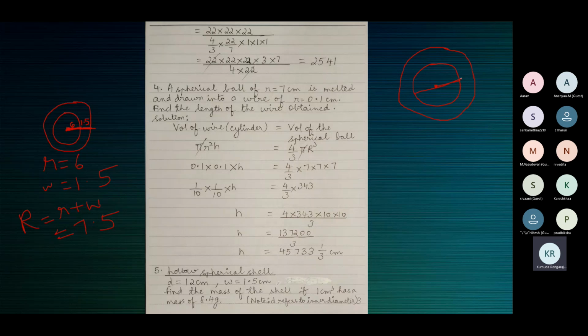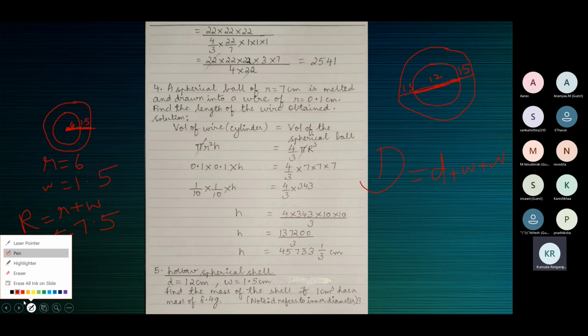This is the inner diameter, 12, and the thickness here is 1.5. The thickness we have on both the sides, 1.5. So the external diameter is equal to the internal diameter plus, see, the formula we are creating now. Actually, this is not a standard one which you'll find in the books. Or you don't write the formula, just write the numbers directly.